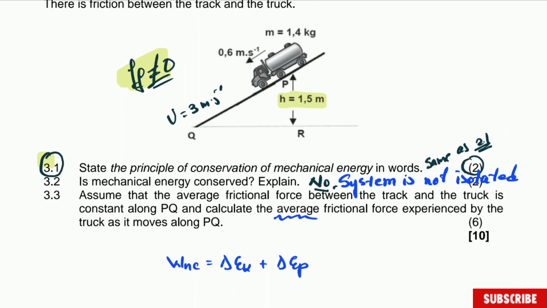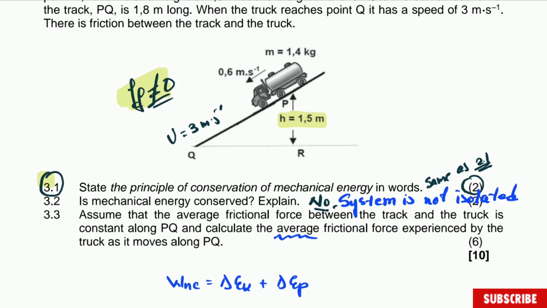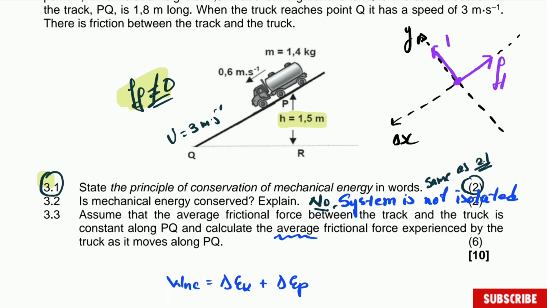If we go back here and we do quickly the free body diagram, the forces that are going to be acting there are a friction pointing in the opposite direction of motion, in this case normal, which is perpendicular to the surface, and then weight, which is going to be pointing in this direction there.